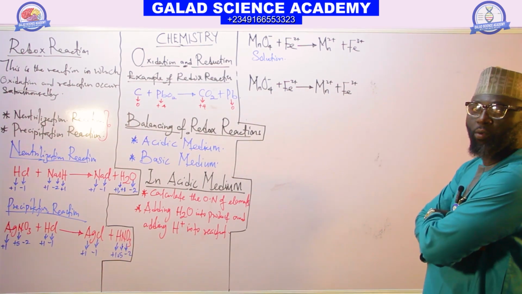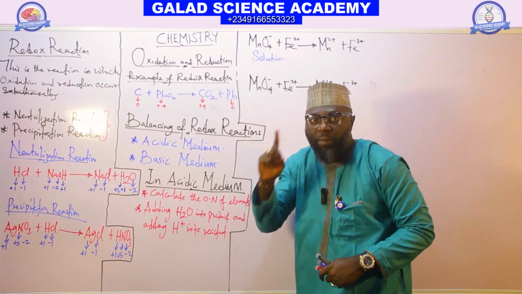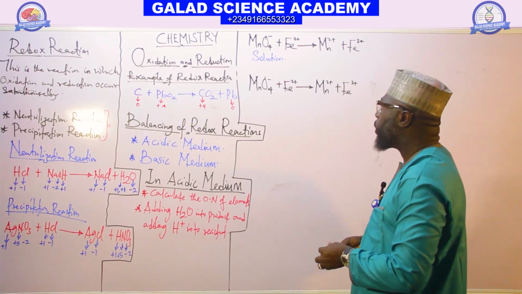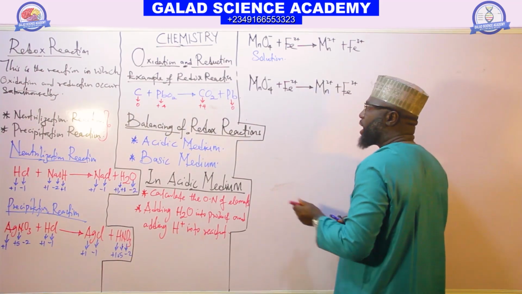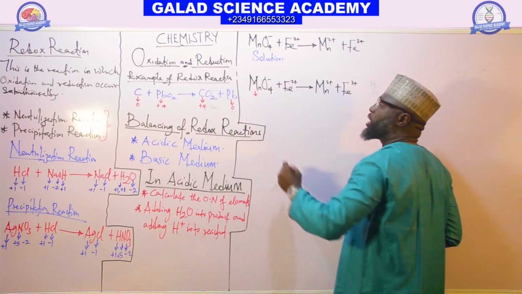In acidic medium, what is my first rule? Calculate the oxidation number of each element. What is the oxidation number for manganese here? Let us calculate it.